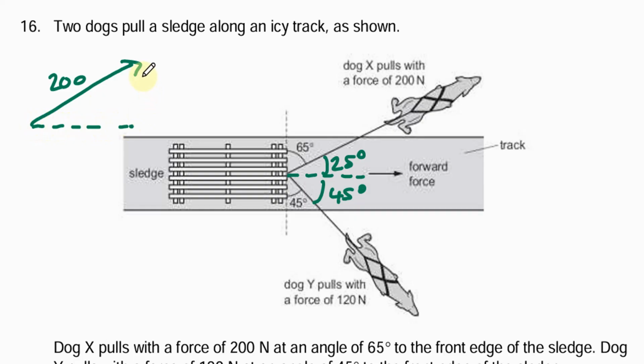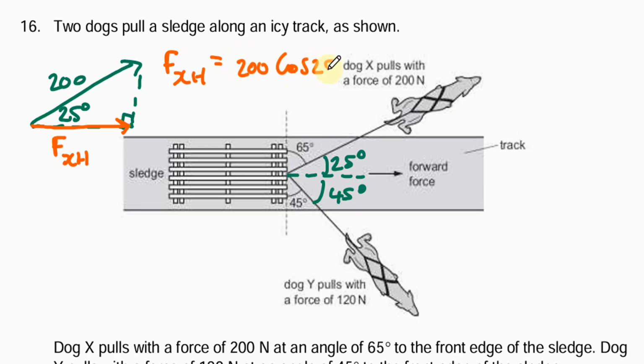And we want to find the horizontal component. This angle here, of course, is 25 degrees. And we want this component, which we can call Fxh, the horizontal component of the force that dog X exerts onto the sledge. And of course, Fxh will be 200 times the cos of 25 degrees.